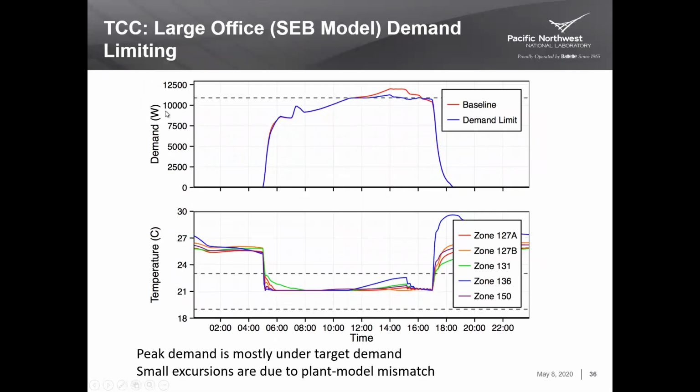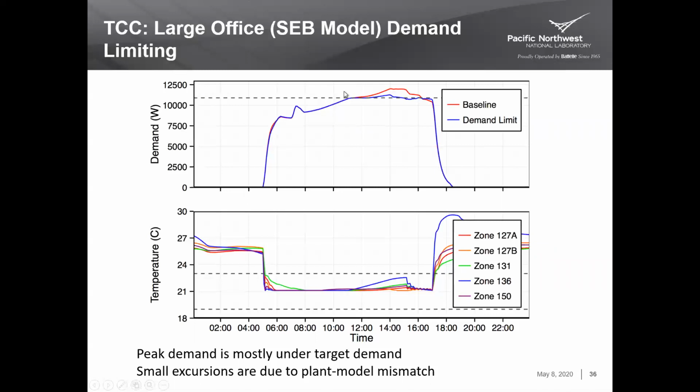Here is another use case, very similar, where we did a demand limit. Essentially, the demand limit is the supply curve coming into the market, which is going to be a fixed demand curve. And the idea of this is to limit the amount of demand at the building level.